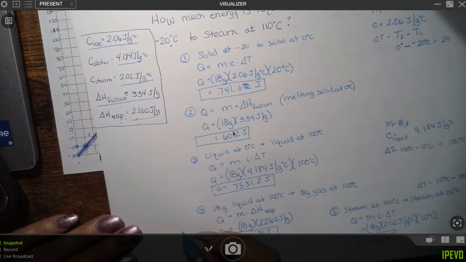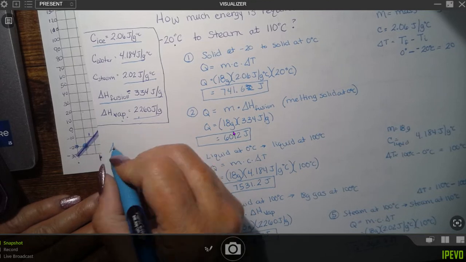Now we need to add up the 5 legs, the five segments.